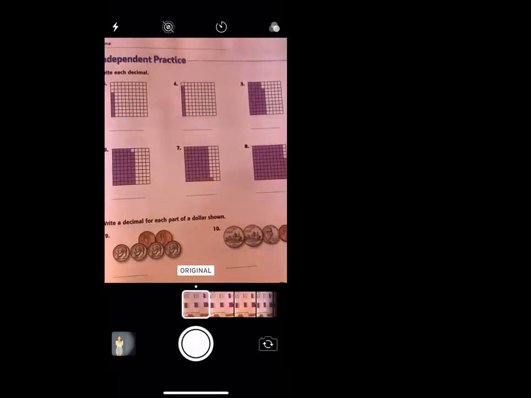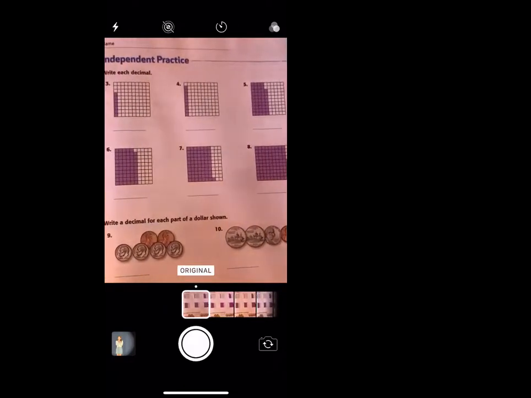So you're going to do the same thing with numbers 3 through 8. You're going to look at the model and you are going to write down the decimal that the model represents. I want to take a look at number 9. Okay, number 9 shows us some coins, and we have to write a decimal for each part of $1 that is shown.